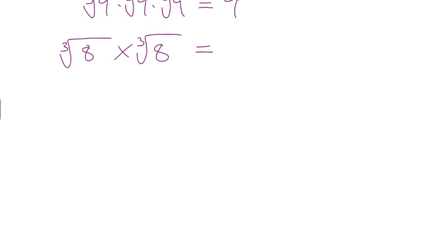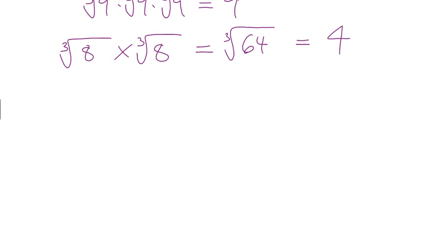I'm not cubing it, so. 8 to the power of 2/3. So it's the cube root of, well, wait, let's call that 64, shall we? Which is 8 squared. Sure. What's the cube root of 64? 4, right?